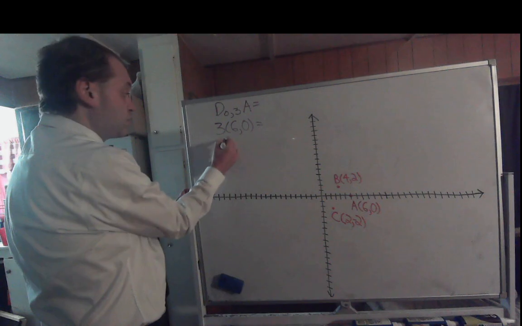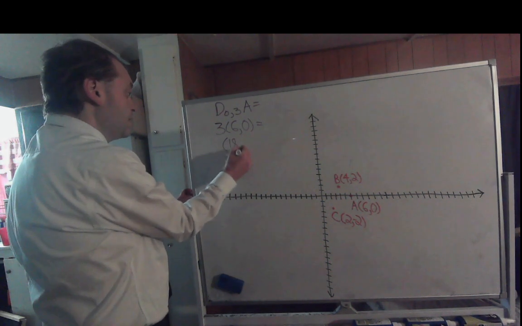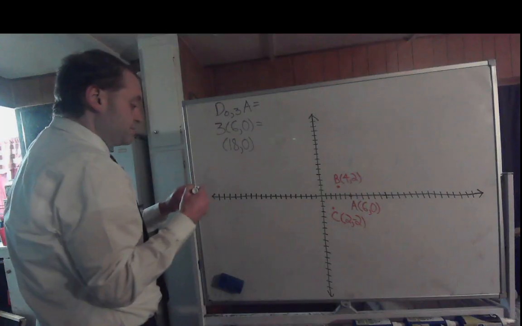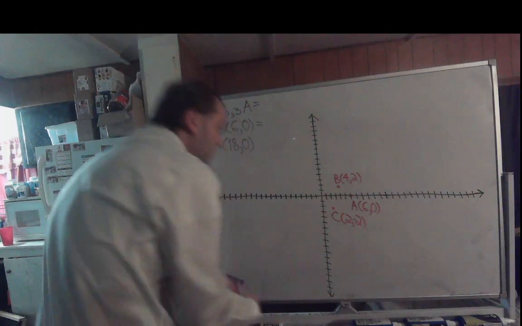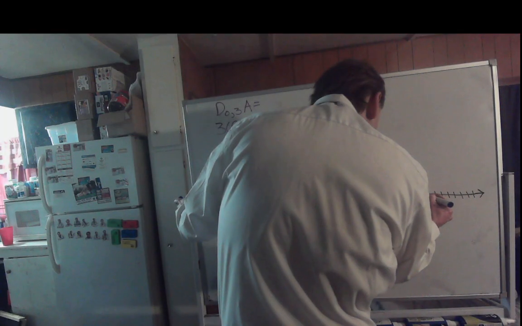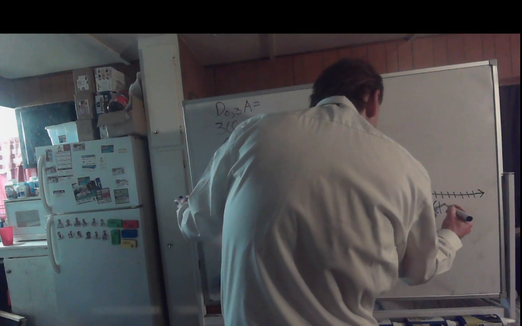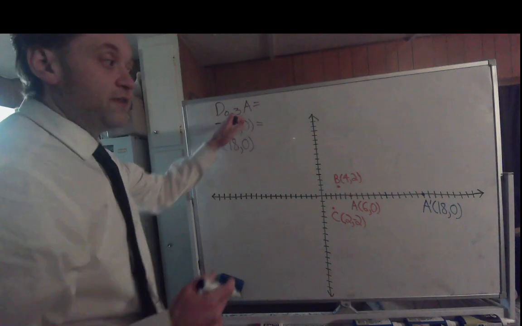Well, that would give you the coordinates 18, 0 for your A prime. So A prime would be 18, 0. So let's find 18, 0. Right here. So A prime can be found at the coordinate 18, 0 with the given dilation scale factor of 3.